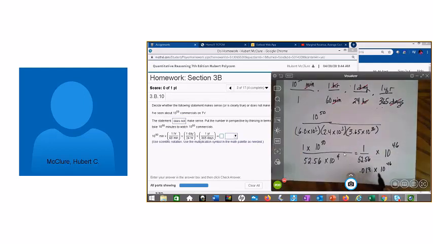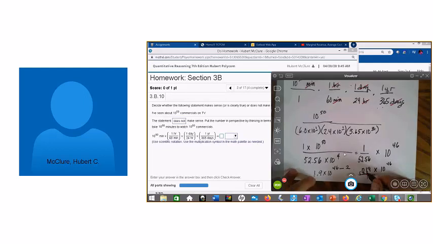Now, is that in scientific notation? No, it is not. What is the definition of scientific notation? The decimal goes to the right of the first number greater than 0. So that'd be 1.9 times 10 to the 46 blank 2.